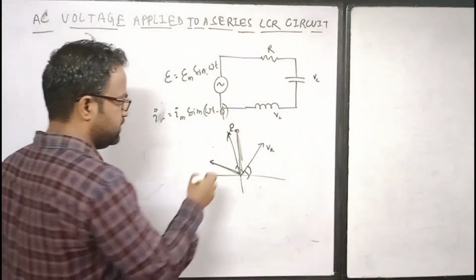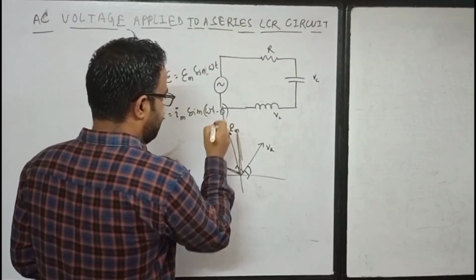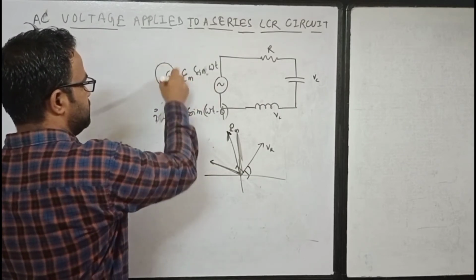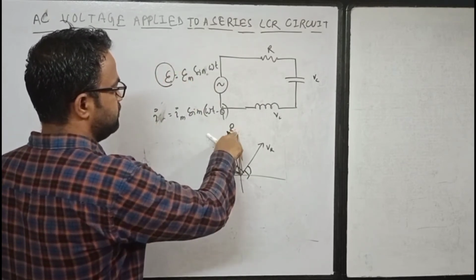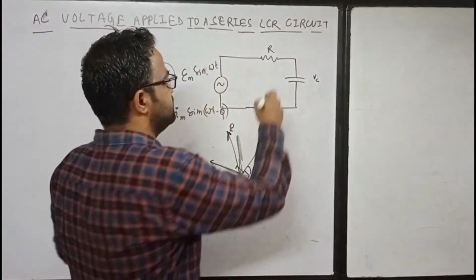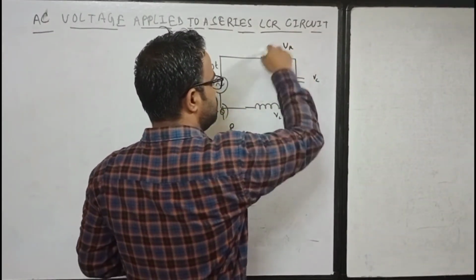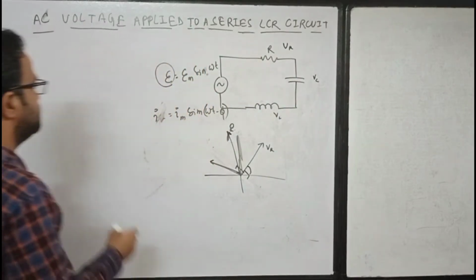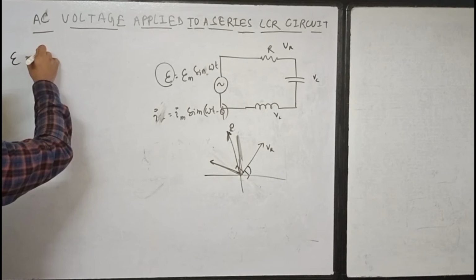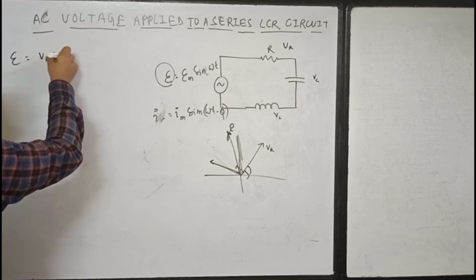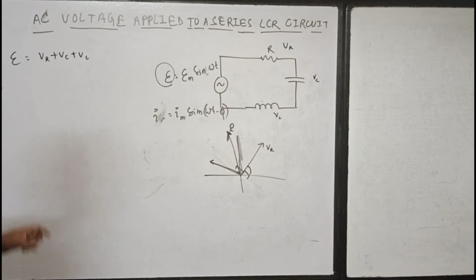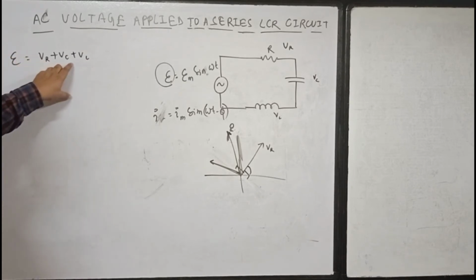This will be the resultant, because in the circuit, if you are providing a voltage E to the circuit, then it is dropping VR. So from the loop law we know that E will be equal to VR plus VC plus VL, right? E equal to VR plus VC plus VL.